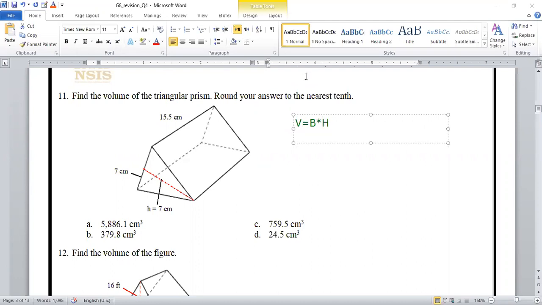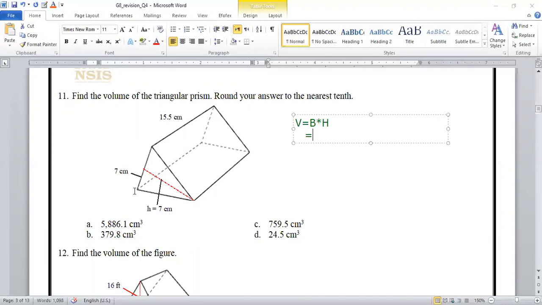The same for a prism: volume equals area of base times height. But here the base is a triangle, so the area of the base equals the area of the triangle, half base times height.